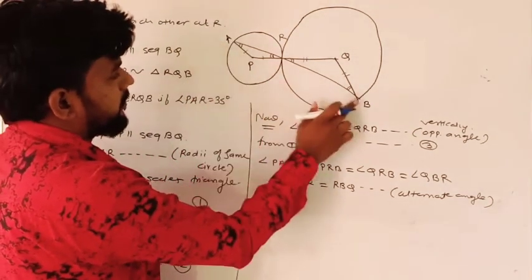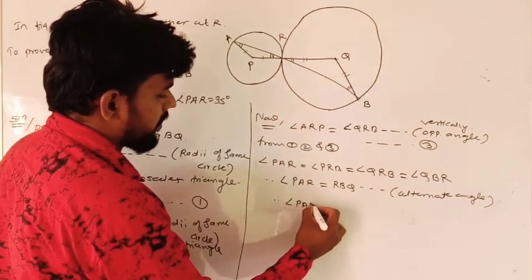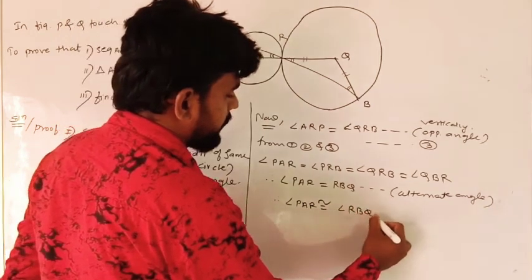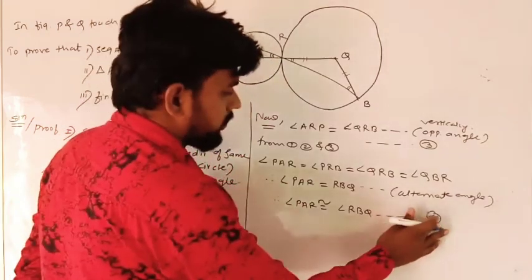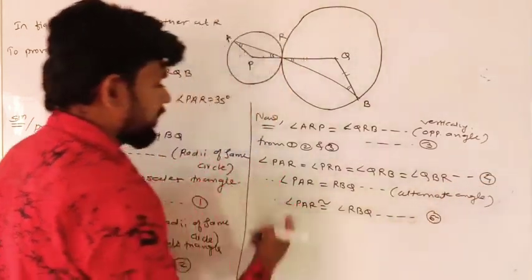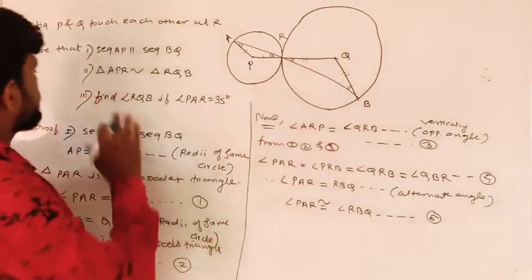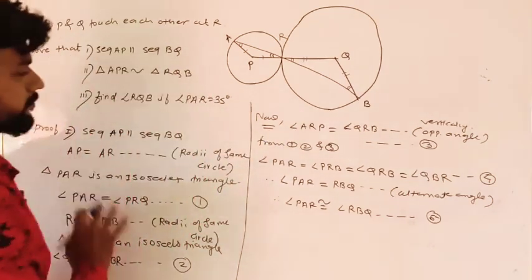Angle A is equal to angle B, or we can say that angle PAR is congruent to angle RBQ, and naming it, this is the 4th. We name here the 4th and this is our 5th. We have to use it. This is all content from question number 2.